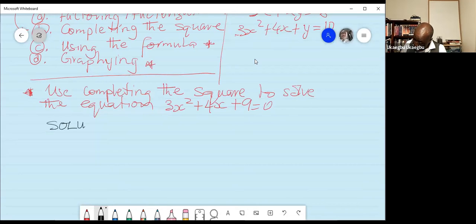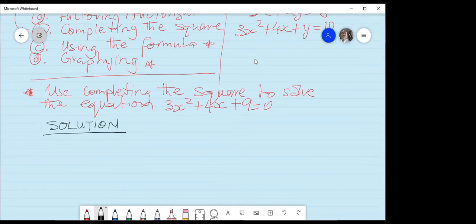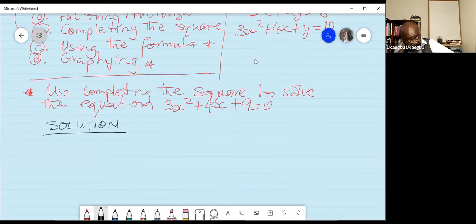Who has an idea of what we need to do? Can you share it, please, if you do? You factor 3 out from all the coefficients in the equation. Okay, that means you have to eliminate the 3 in the x squared, right? Yes. Okay, so how do you do that then?